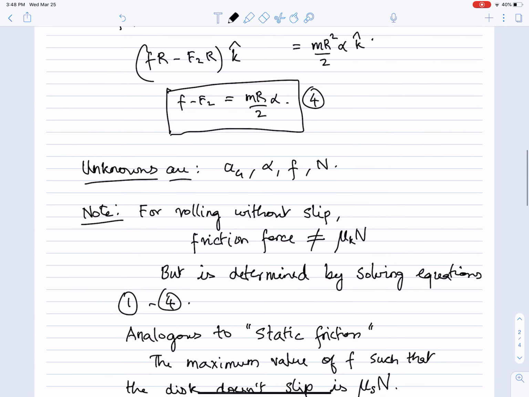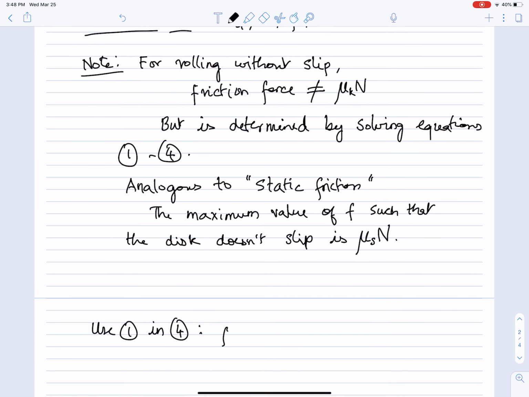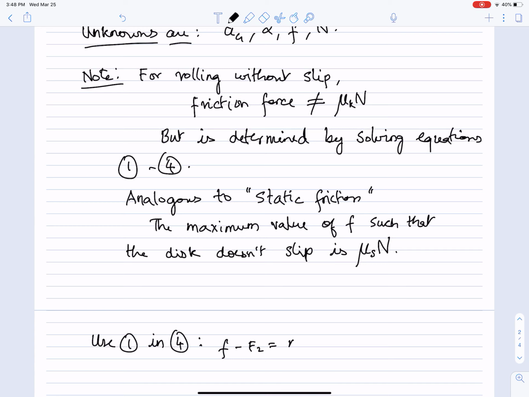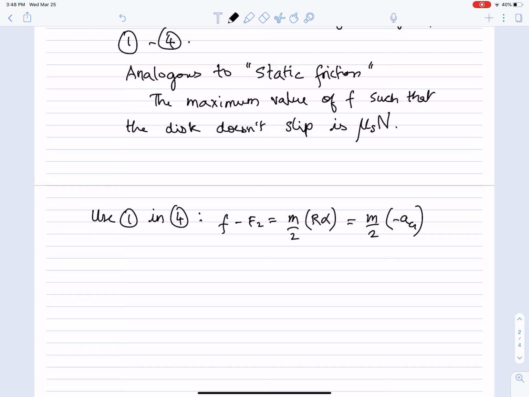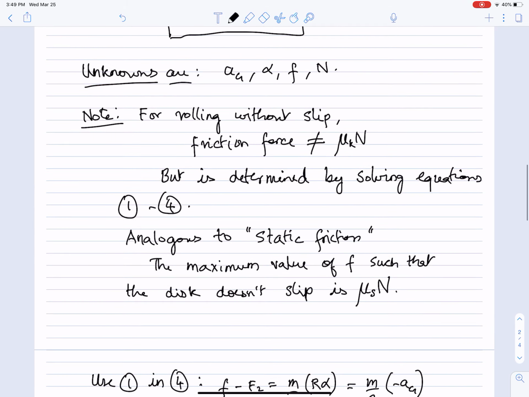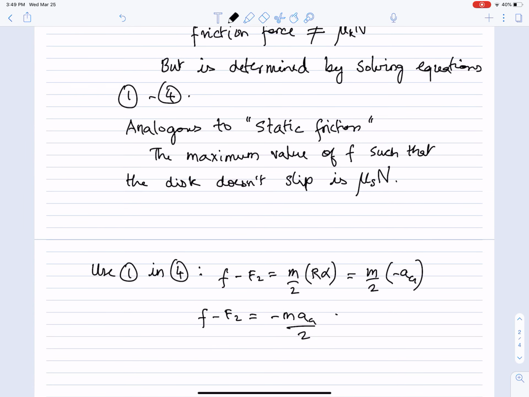We get F minus F2 equals M by 2 R alpha, and then we just said R alpha is minus Ag. So we have F minus F2 equals minus M Ag over 2. Let's call this equation number 5.